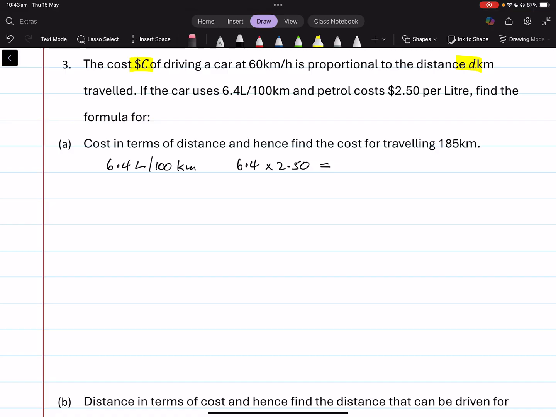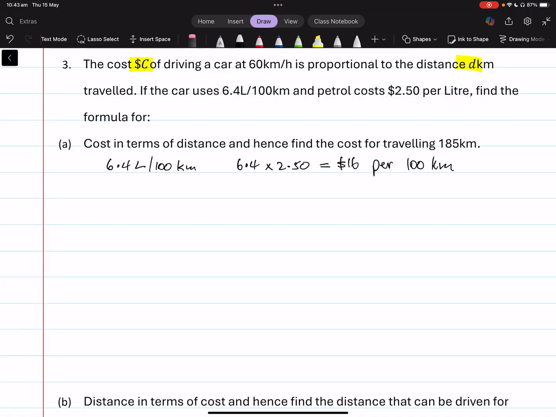So 6.4 times 2.5 comes out to be 16 per 100 kilometers. Okay, so we now have a cost in terms of the distance.